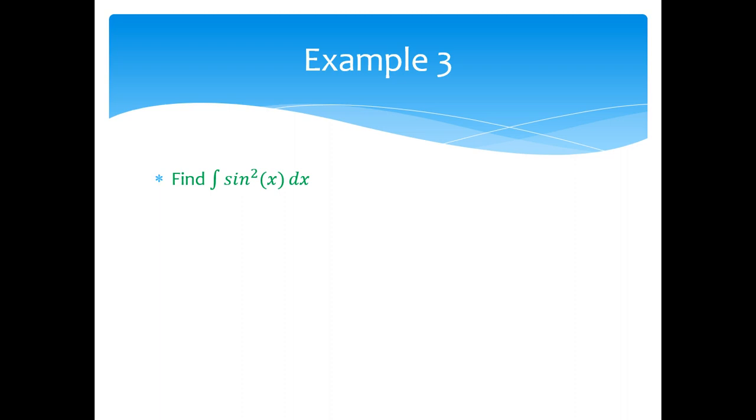Okay, we're going to use one of the trig identities here. So sine square of x equals 1 minus cosine 2x, divided by 2. We're going to use this trig identity, and then our integration would be very easy.